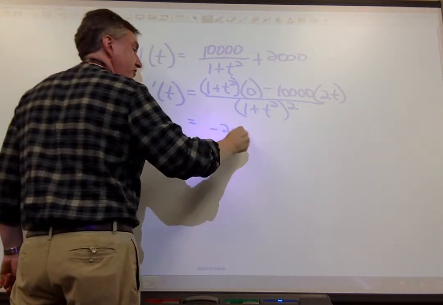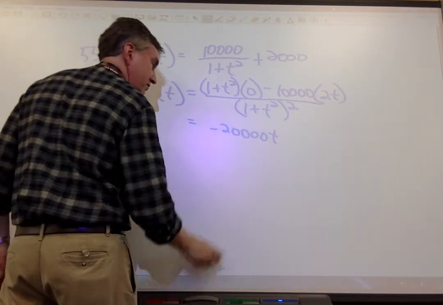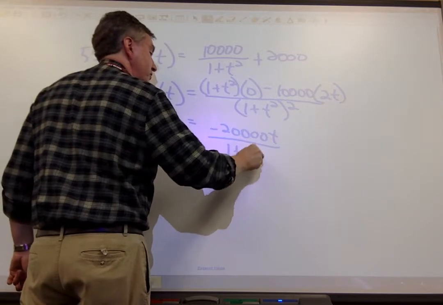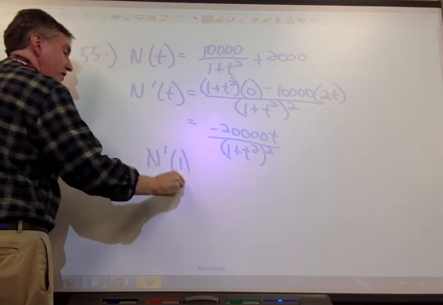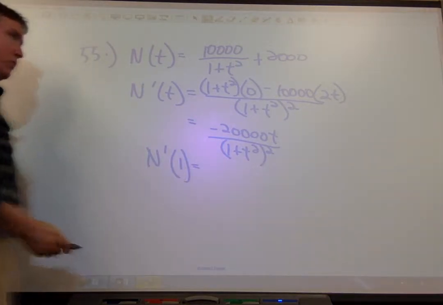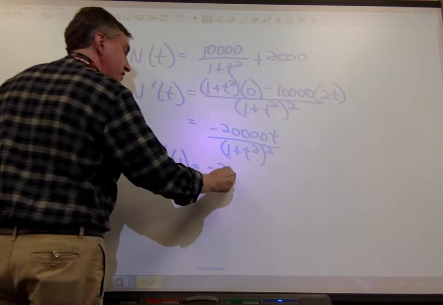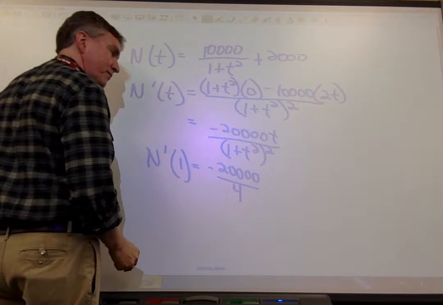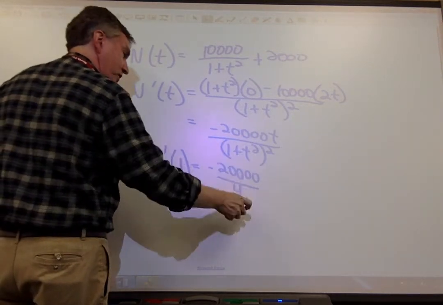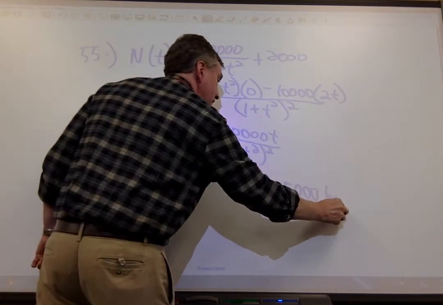That gives negative 20,000t over 1 plus t squared, squared. N prime of 1, the rate of change after 1 minute, would be negative 20,000 over 4. 2 squared is 4, so negative 5,000 bacteria per minute.